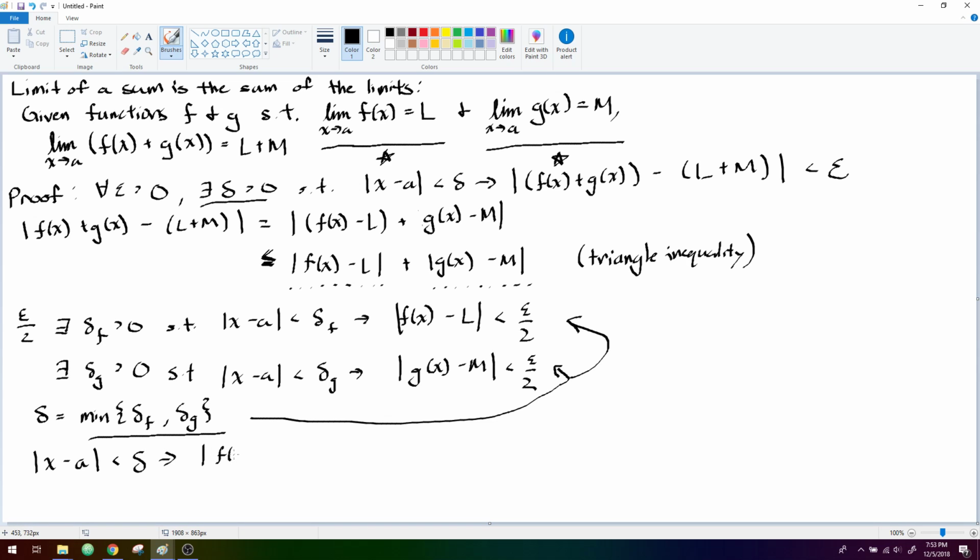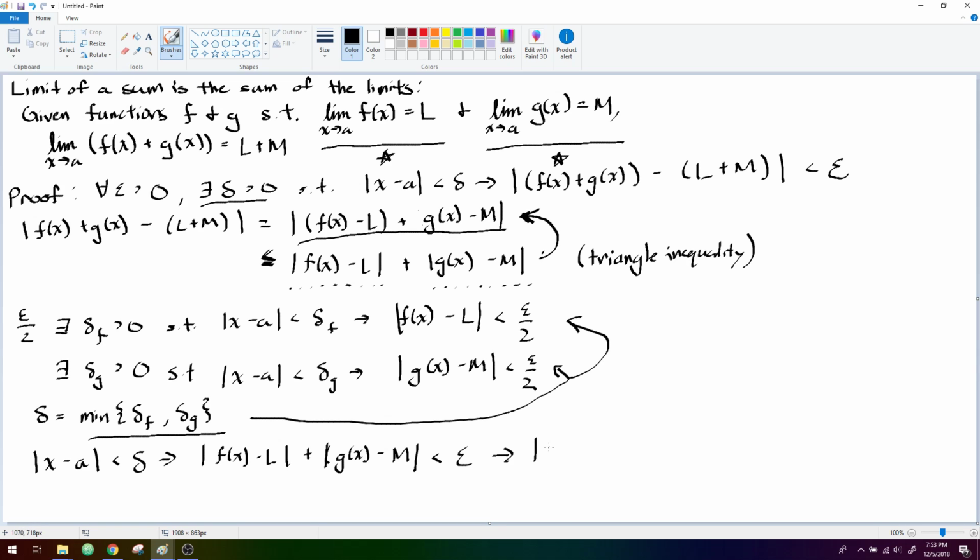So f of x minus L plus g of x minus M inside their own respective absolute values is smaller than the sum of everything on the right-hand side, epsilon. But remember from up here that because this is always greater than or equal to that, and the transitivity of these inequality operators, epsilon is ultimately greater than this term right here.